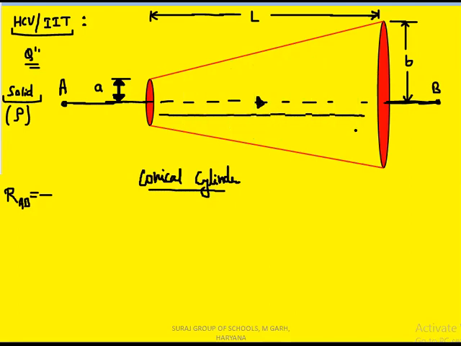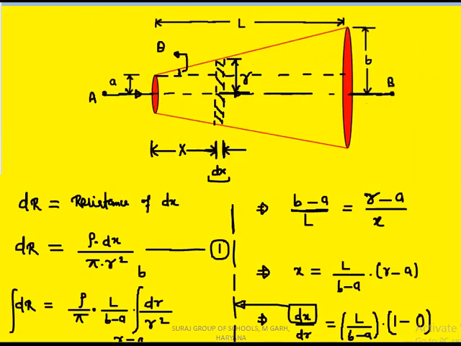So we have to consider something. If you see the shape, we have considered a dx thickness at distance x from the smaller cross section, for a disk of thickness dx and radius r.